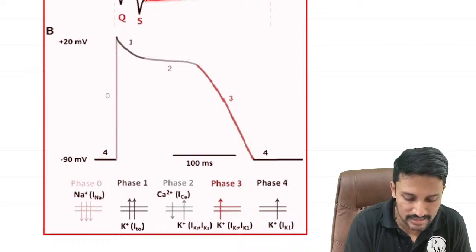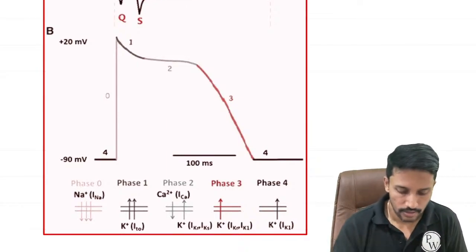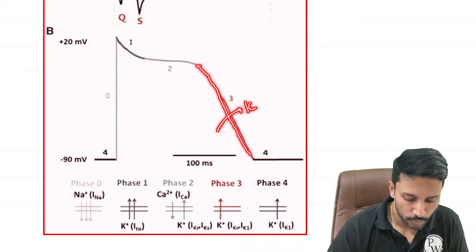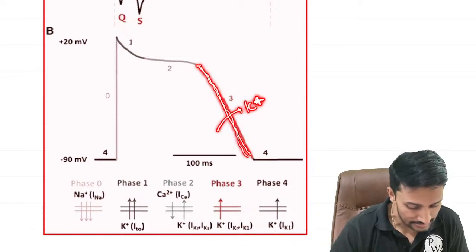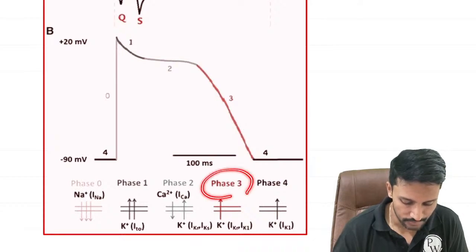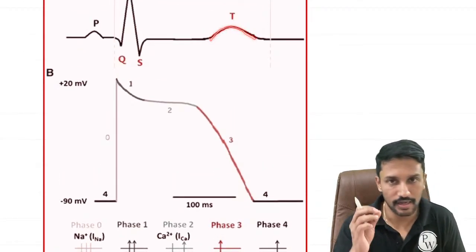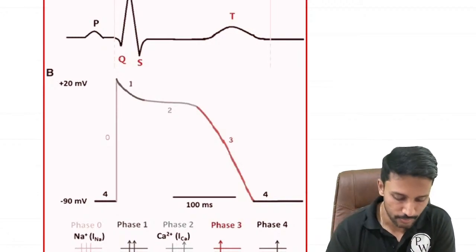That gives me the ST segment. After that, we enter into phase 3. In phase 3, we continue to push out a lot of potassium, giving rise to late repolarization, which is due to potassium efflux. That gives me the T wave, the classical wave of ventricular repolarization.